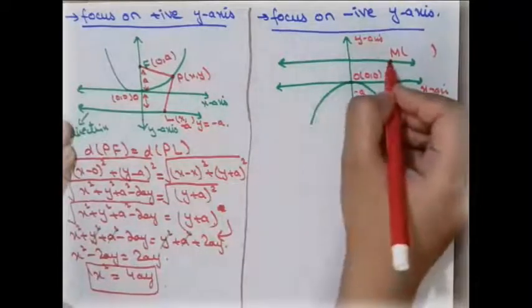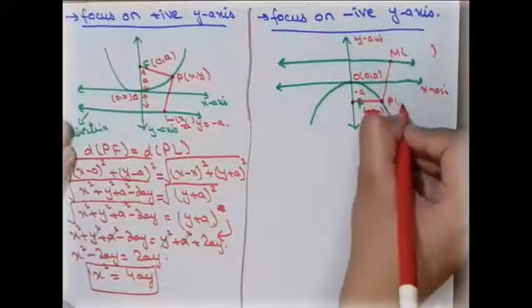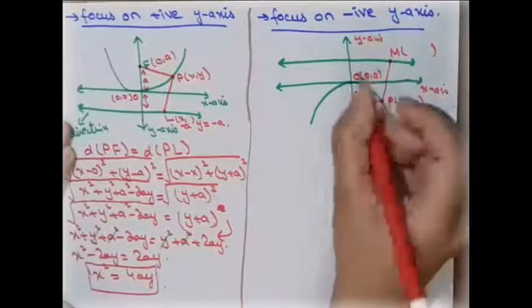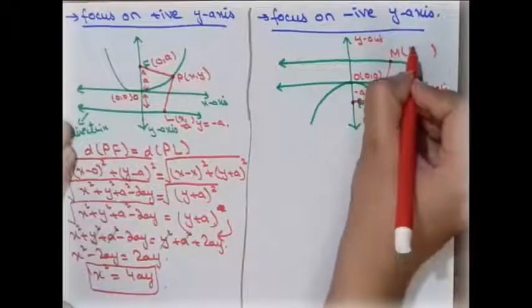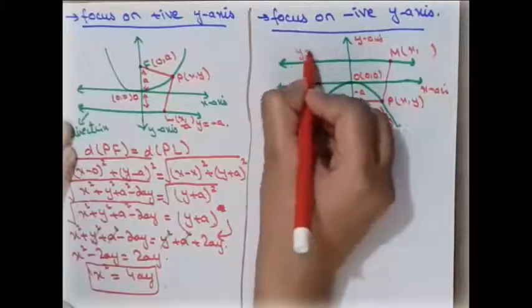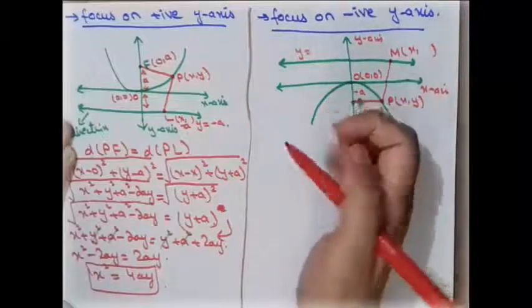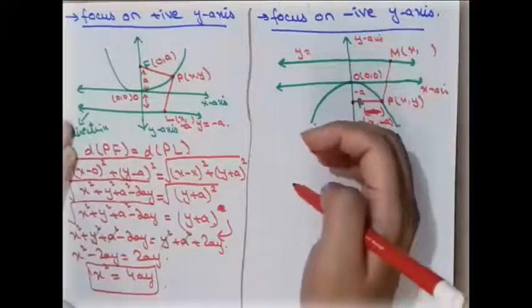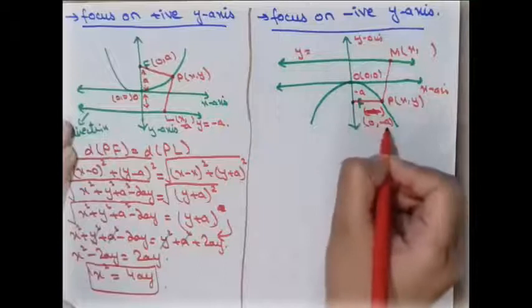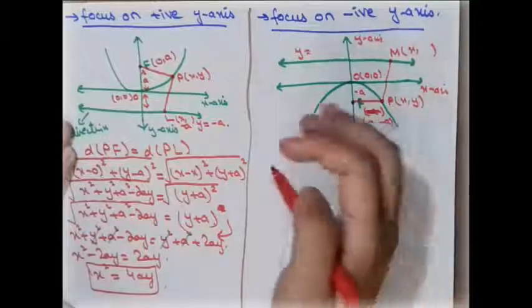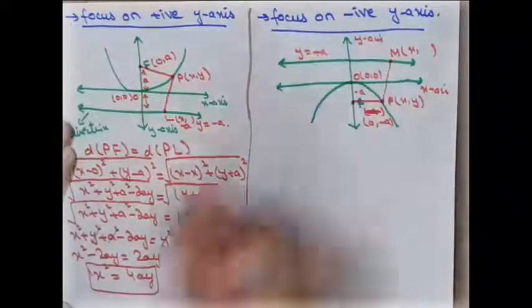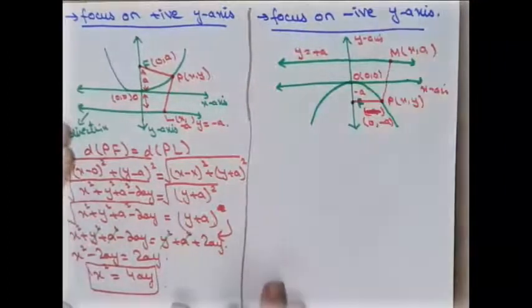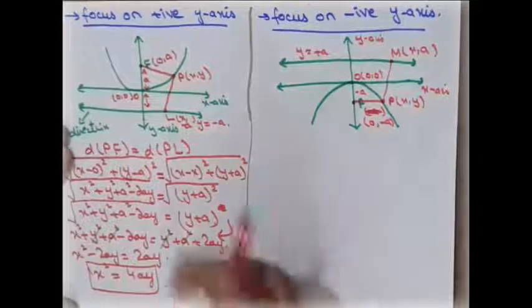The distance is positive a, but it is on the negative side of the y-axis. The point P has coordinates x and y, this is the point M, and its x is x. The directrix is on the other side, on the positive side. So if the focus has y equal to negative a, the directrix line will be y equals positive a. So here is a.